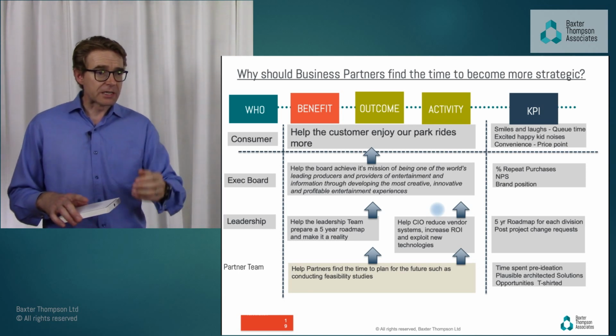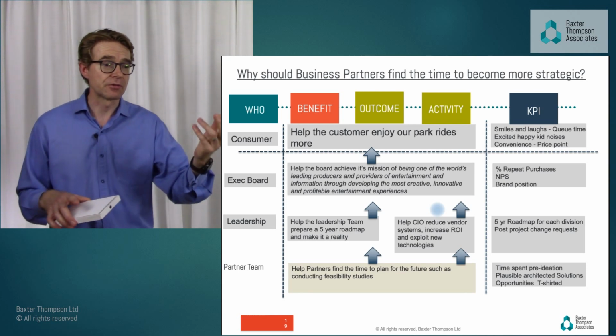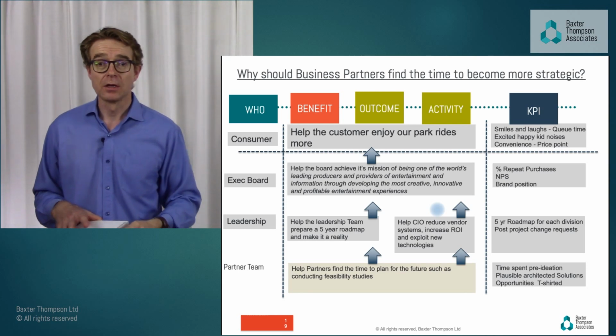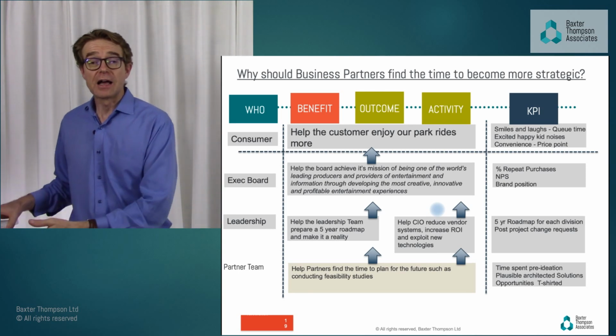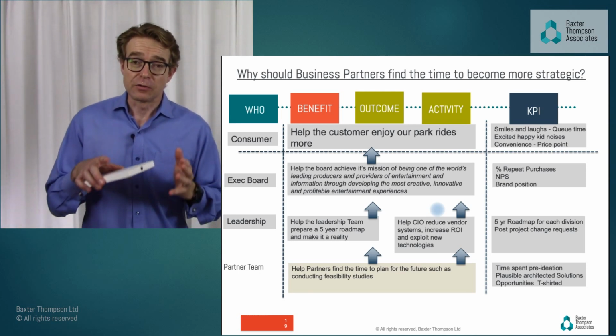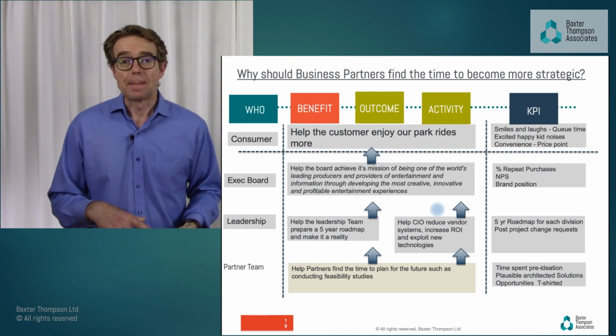There we go, the world's leading producers and providers of entertainment and information through developing the most creative, innovative and profitable entertainment experiences. The leadership will be saying, look, you're not going to be able to achieve that unless we have these people spending more time in the strategic space. So we need your support to do that.